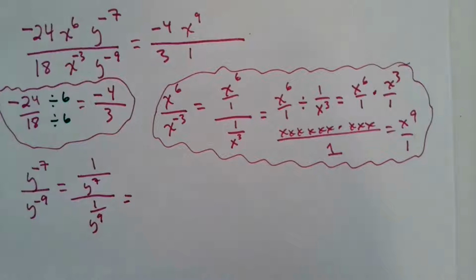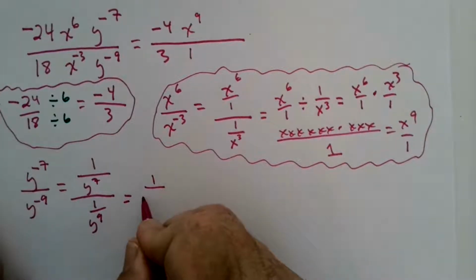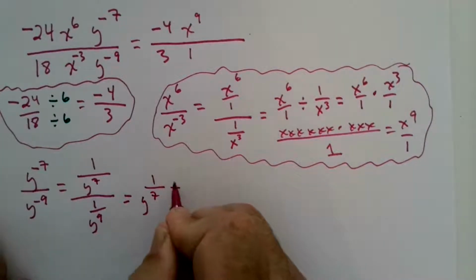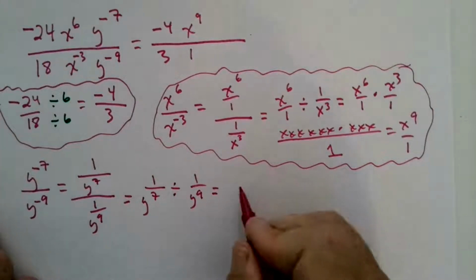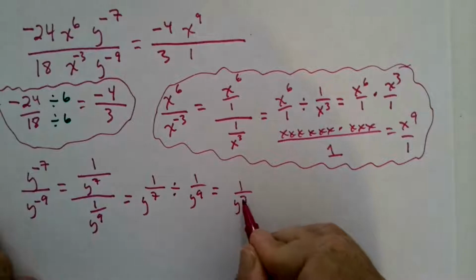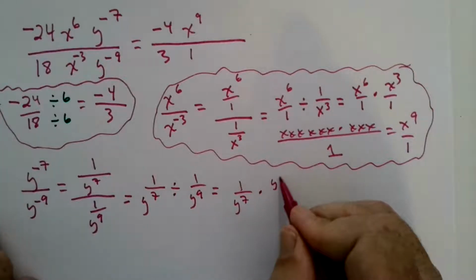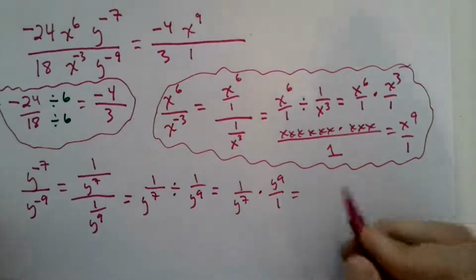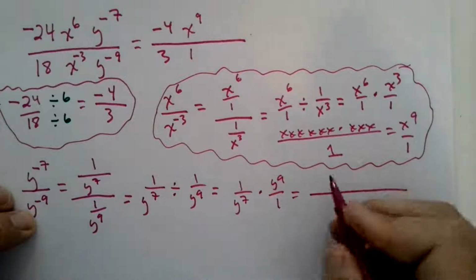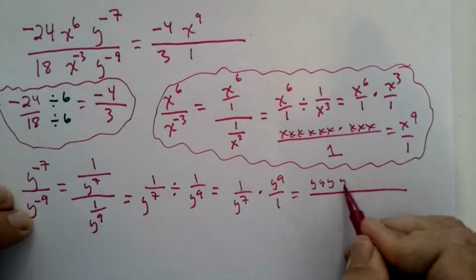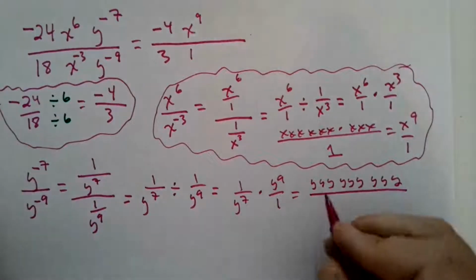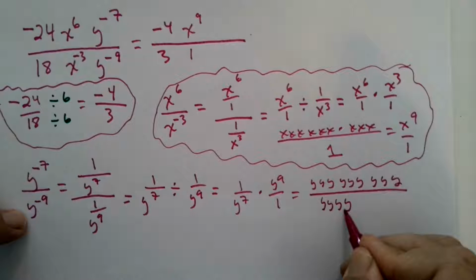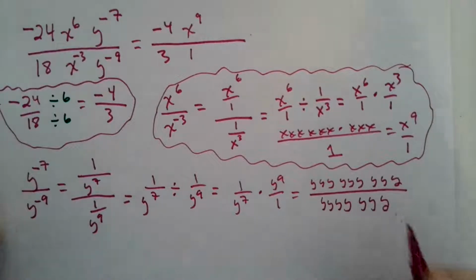Again, that's 1 over y to the 7th times y to the 9th over 1, which is what? Upstairs, 1 times y to the 9th, that's y to the 9th. Downstairs, we have y to the 7th. Y to the 9th upstairs, y to the 7th downstairs.